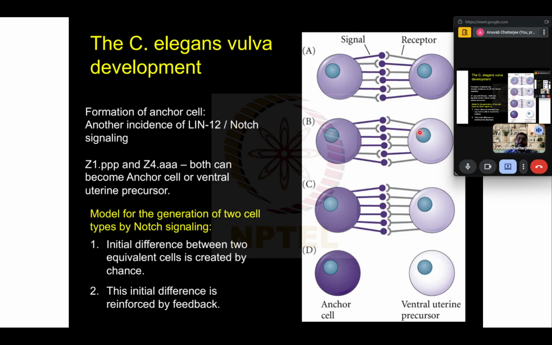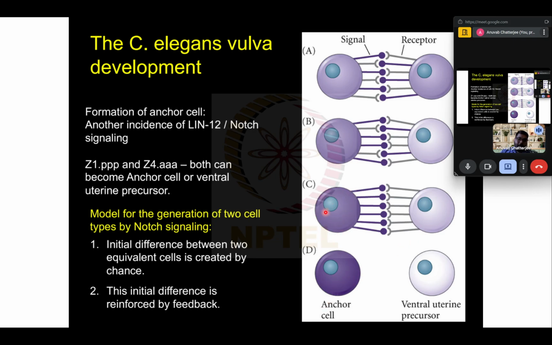Once that happens, it will cause a feedback effect. The cell which produces more and more of the ligand will ask the other cell to produce more and more of the receptor, and vice versa, till one cell is only expressing the ligand and the other cell is only expressing the receptor. And this will cause the cells to actually change their fate and decide to be one type of cell or the other.